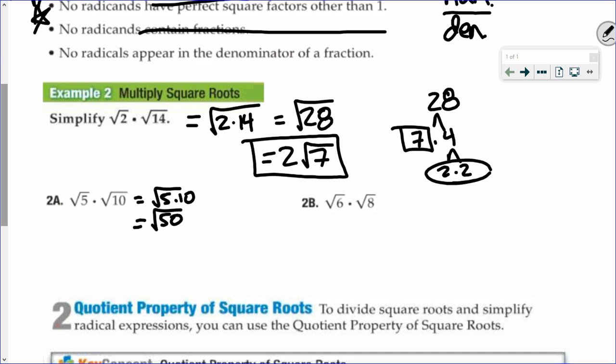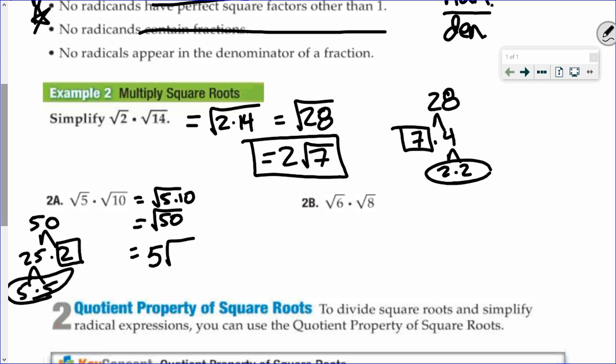Breaking down 50, again, I'll use the prime factorization and look for pairs. We've got 25 and 2. 2's prime, can't break that down. 25 we could break down to 5 and 5. This is the prime factorization. We've got a pair of 5s, so this would be 5, and we've got a leftover 2, so 5 square roots of 2.